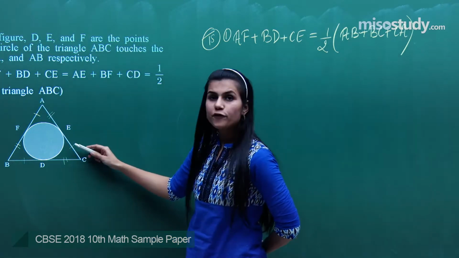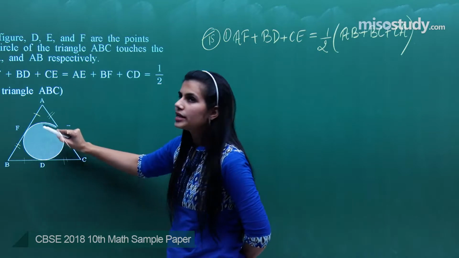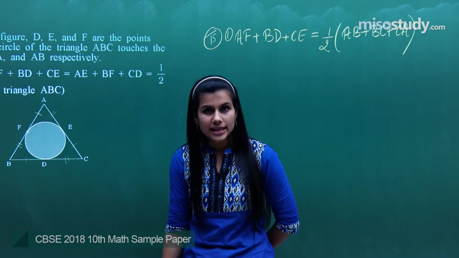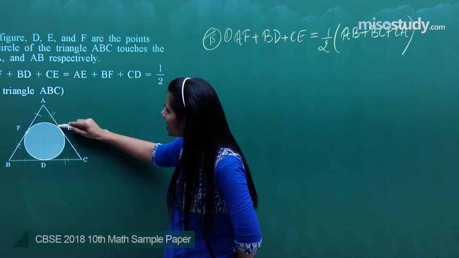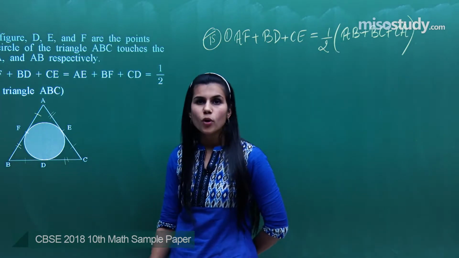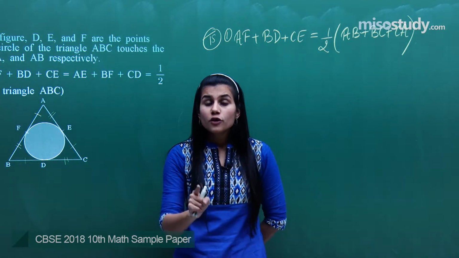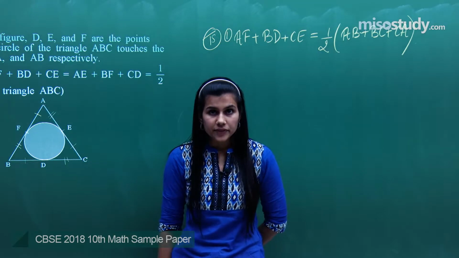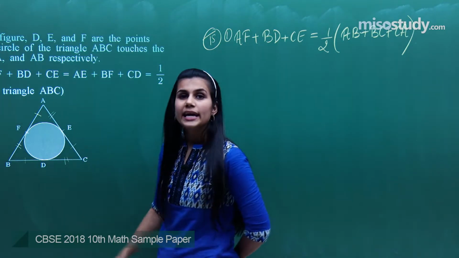Well, over here, if you carefully observe, this line AB is a tangent to this circle, because this line is meeting the circle at exactly one point F. Moreover, from the same external point A, another tangent to this circle is drawn, namely AC, which is meeting the circle at exactly one point E. And we know that two tangents drawn from a single external point to the same circle are equal in length, which means AF will be equal to AE.